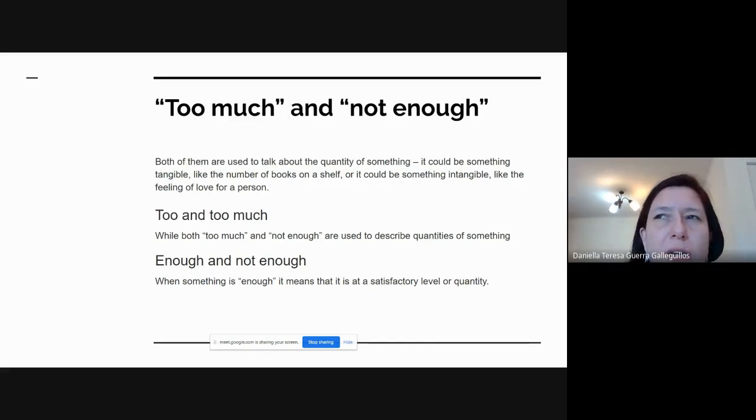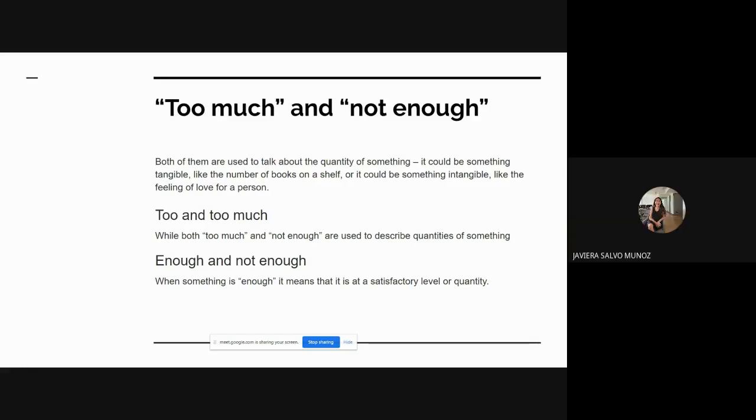Now let me ask you. This is a question for Javiera. Javiera, if I tell you that we have got too many books on the shelf, is that a positive or negative connotation in your opinion? Could you repeat it, please?